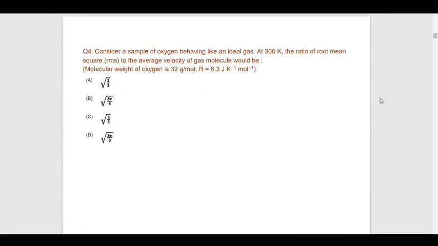This question says, consider a sample of oxygen behaving like an ideal gas at 300 Kelvin. We have to figure out the ratio of root mean square (RMS) and average velocity of gas molecule. Molecular weight and R are given, but I presume that it is not needed.